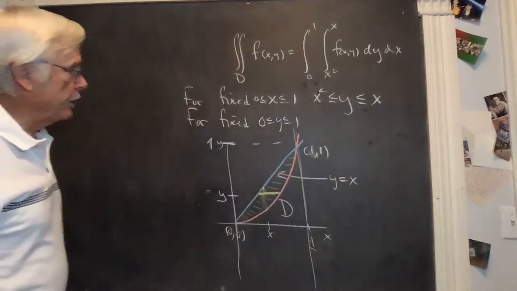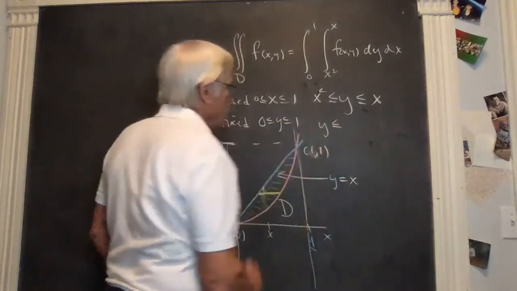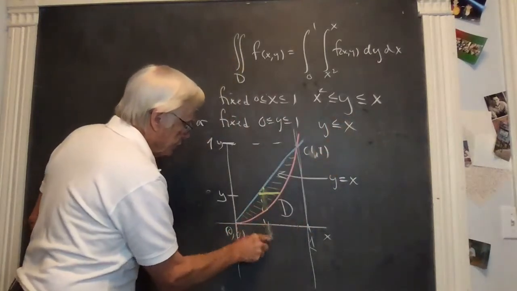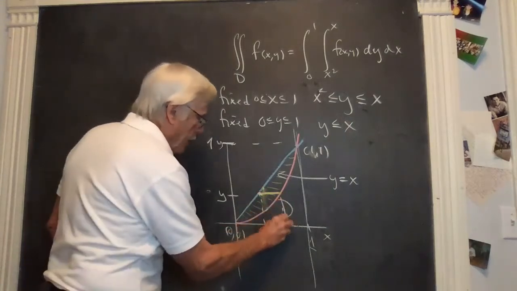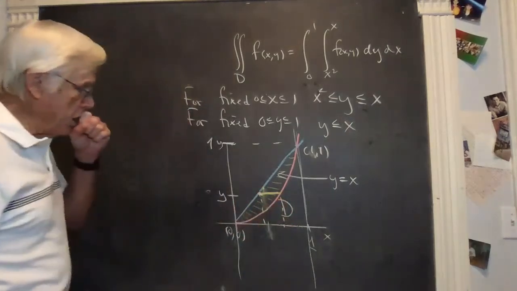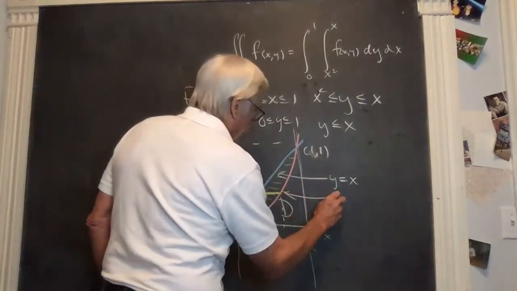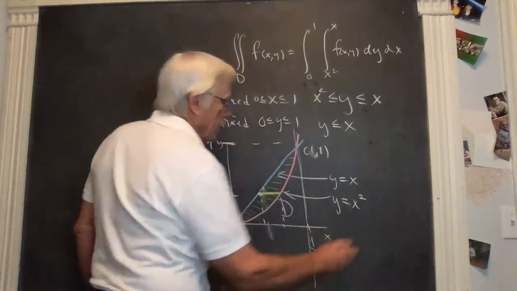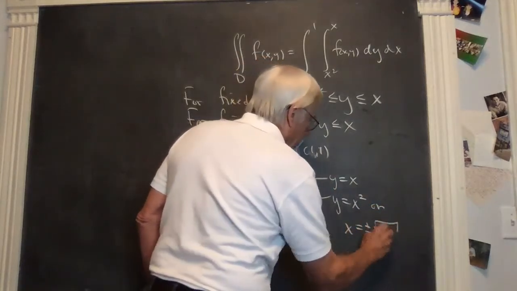For any fixed y, you will begin with the x value at this left-hand point determined by that equation, and you end at the x value determined by the other equation. The second equation is y equals x squared, or x is plus or minus the square root of y.